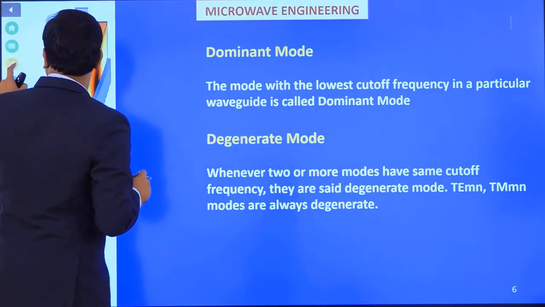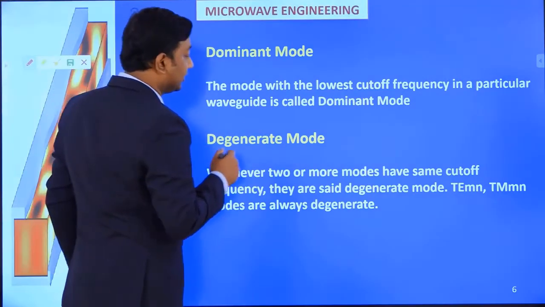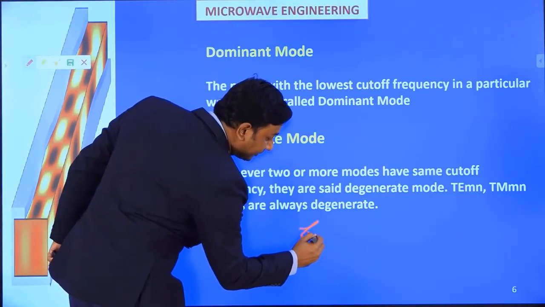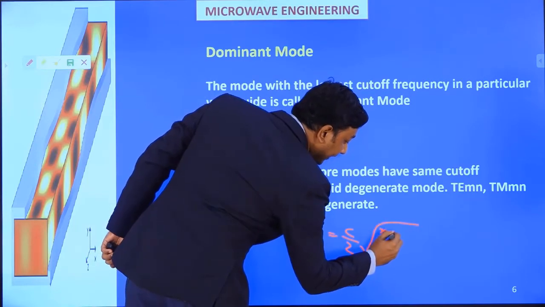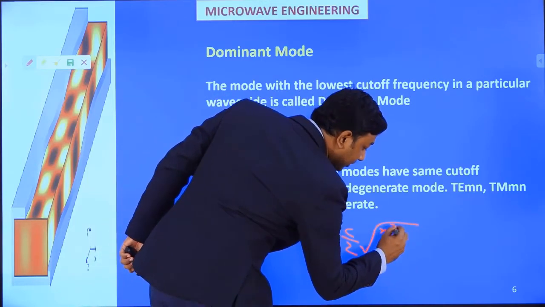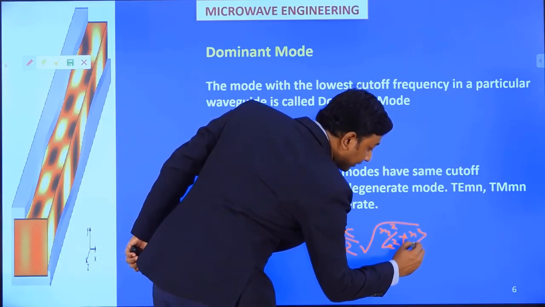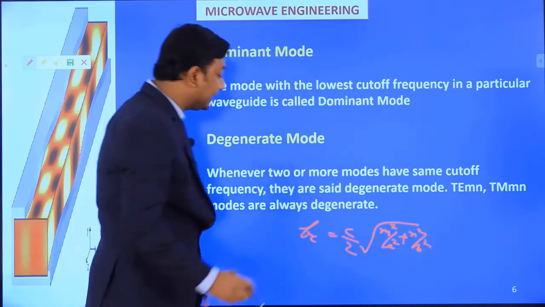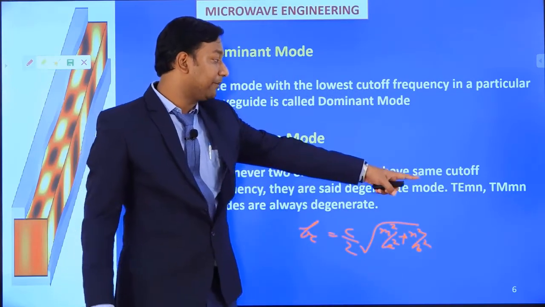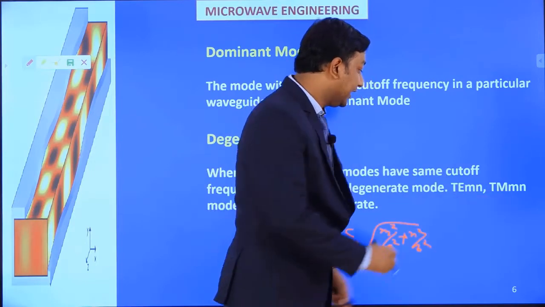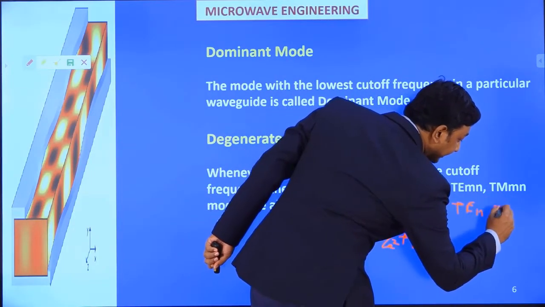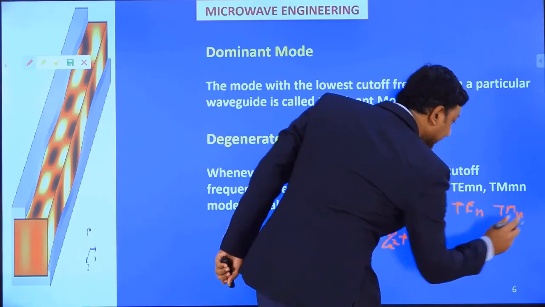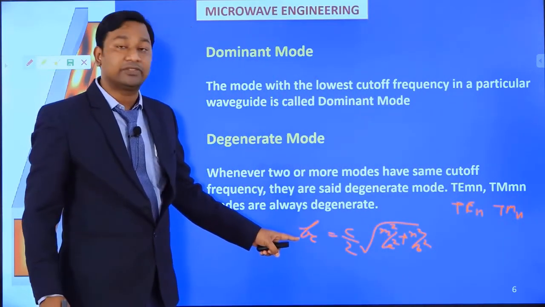Whenever we see the cutoff frequency expression, for both we get c by 2 root over m square by a square plus n square by b square. So if you see the expressions of both TEmn and TMmn, if we consider TE11 and TM11, then we will get the same cutoff frequency.